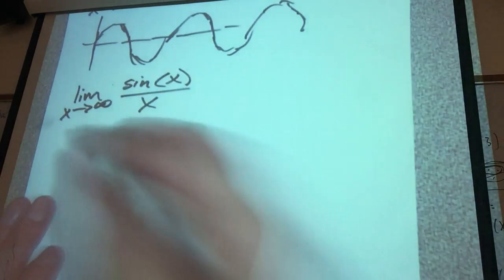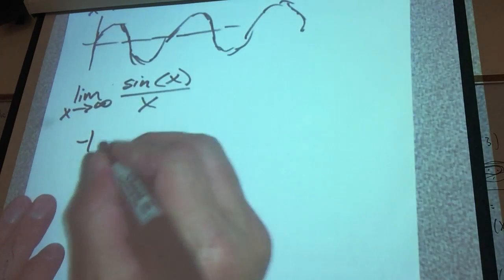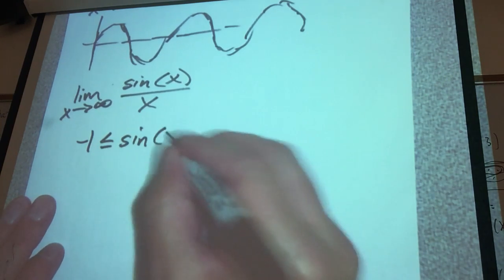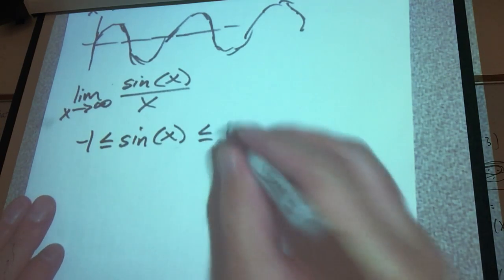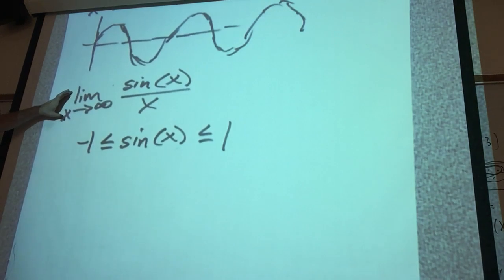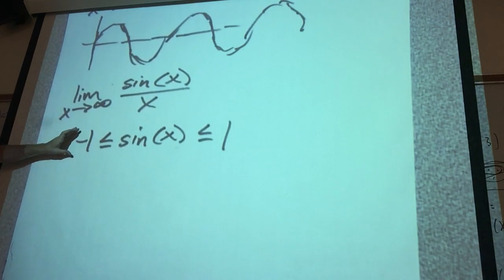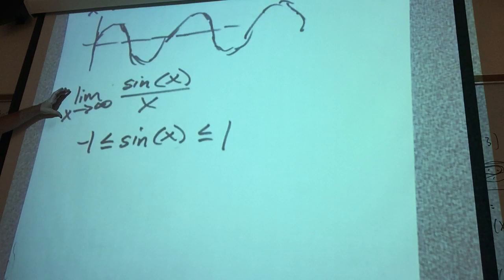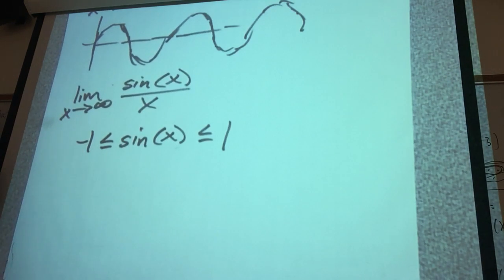This is the place where I begin. The sine wave is always bounded between -1 and 1 because it's just a wave. But I want to investigate this limit right here. So why don't I divide everybody by x?